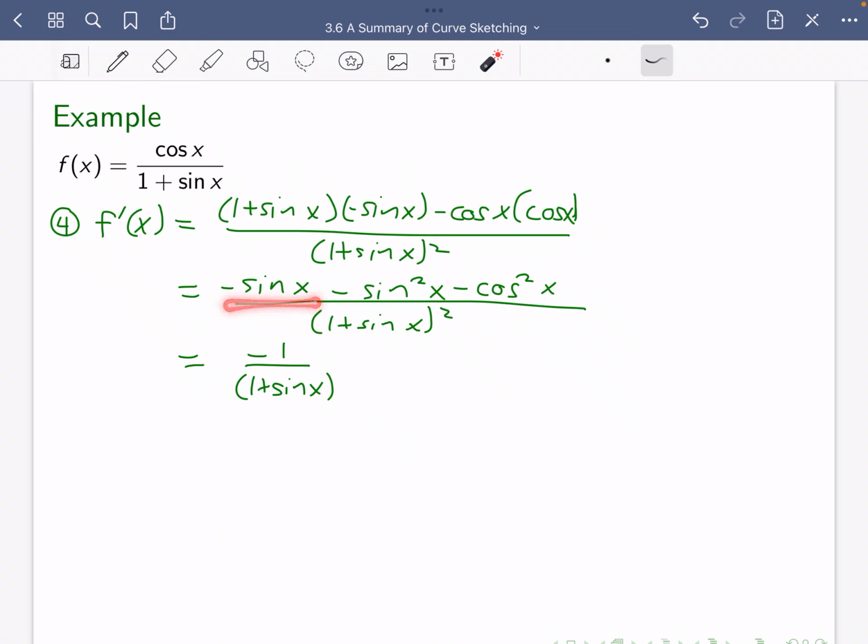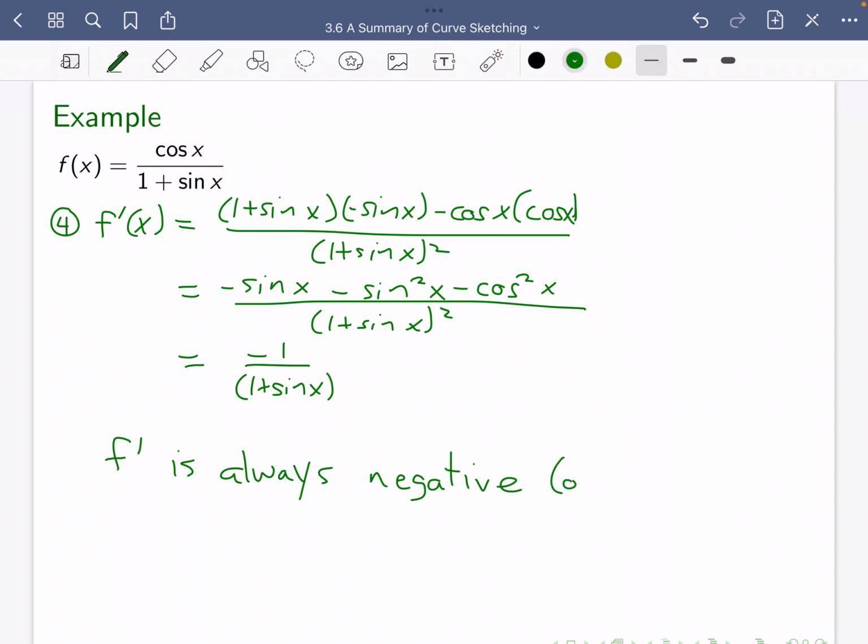So we have negative sine x minus 1, or negative 1 minus sine x, which is negative 1 times 1 plus sine x, and so that canceled out. This is always negative, except for the places where sine x is negative 1, but those are not in the domain.